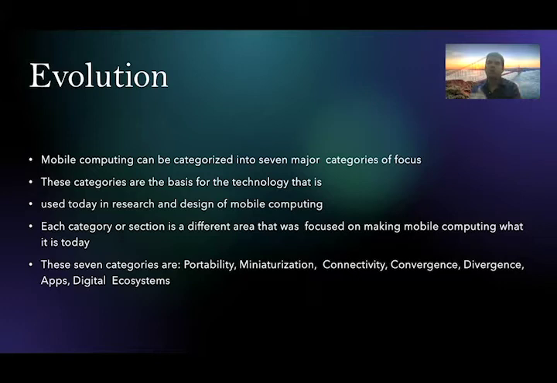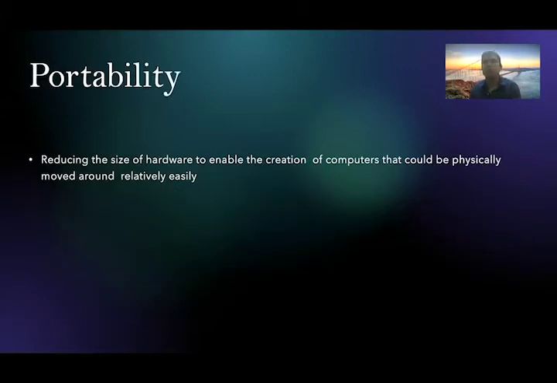We go one by one. What is portability? Of course, when we talk about portability, it refers to size. For example, your mobile device. If you compare to 10 years ago, we had a big size, for example, a laptop.